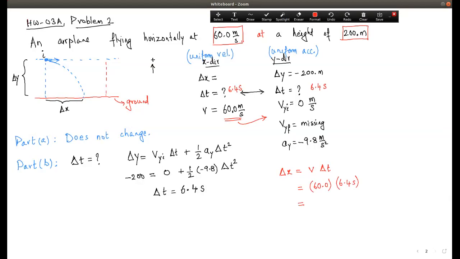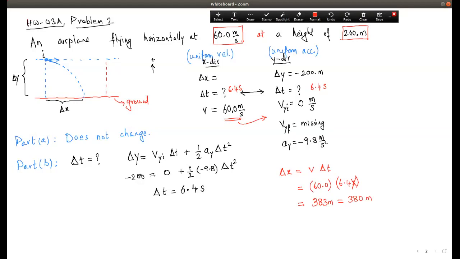Since I'm not using the units, let me drop that. So 6.4 times 60 is equal to 383 meters. Since we are working in two significant digits, we can say that's 380 meters.